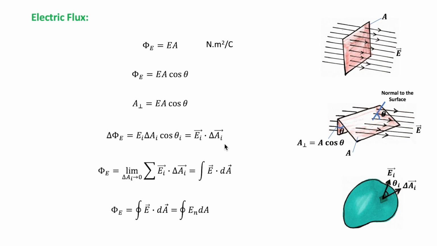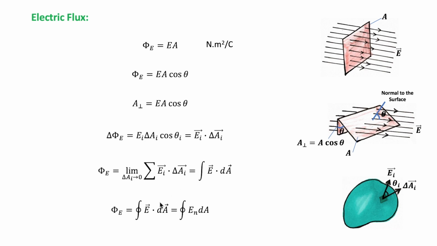And if we let the area of each element approach zero, then the number of elements approaches infinity, and we can replace the sum by an integral. And so we get this equation. It is the integration over the surface. So this is a surface integral evaluated over the area in question. Okay, this is the electric flux for a varying field.